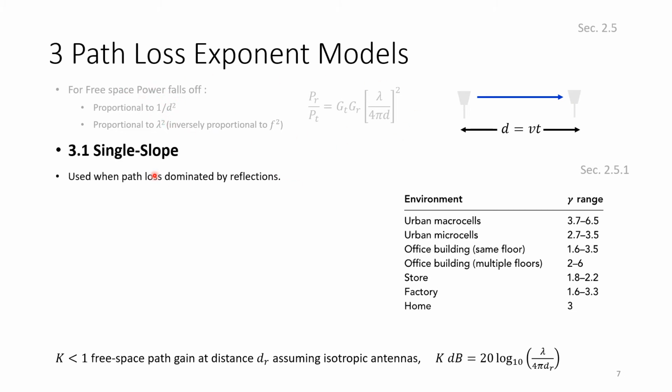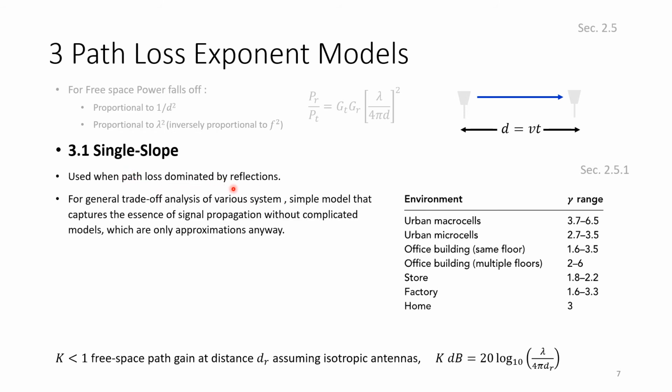We'll start with the single slope model. We use it when path loss is dominated by reflections, so it's not just free space. We're going to use it for general trade-off analysis of various systems; it's a simple model that captures the essence of signal propagation without complication. Single slope is very simple.